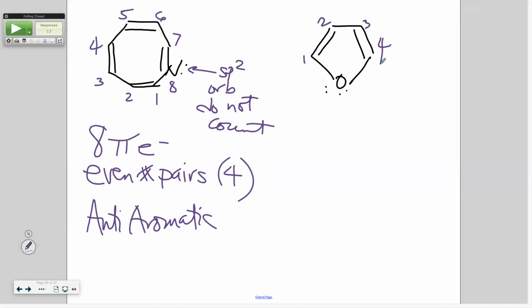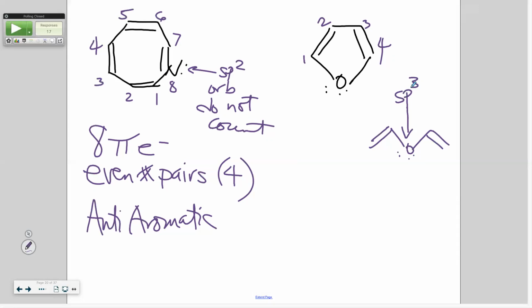If I had a compound that looked like this, that wasn't the ring, what is the hybridization of that O in this compound? SP who? Because there's 4 sites of electron density, right? Each lone pair counts as a site of electron density. You got 4 sites. So keeping them as far apart from each other as possible, it's sp3.